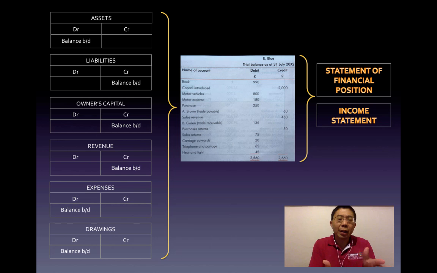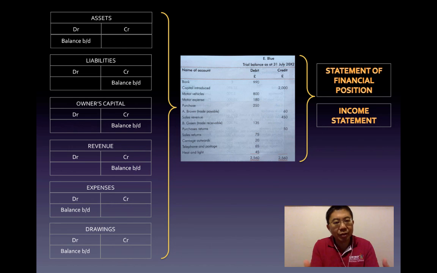Now, remember, I will draw you back to the previous slides where I said that all these ledger accounts are stacked one after another, and we can't really see whether the duality principle has been met. Yes, we do have the journals to make sure that each entry has at least equal debits and equal credits.